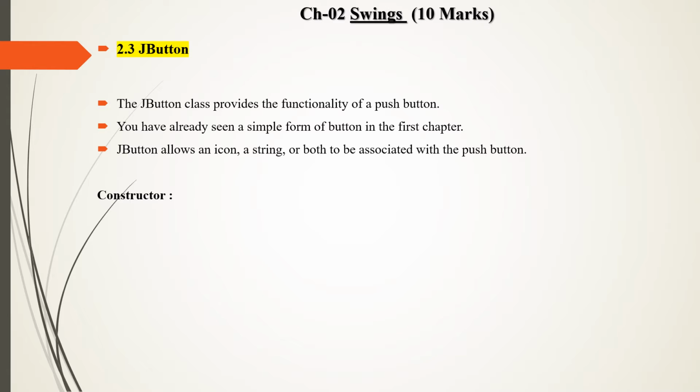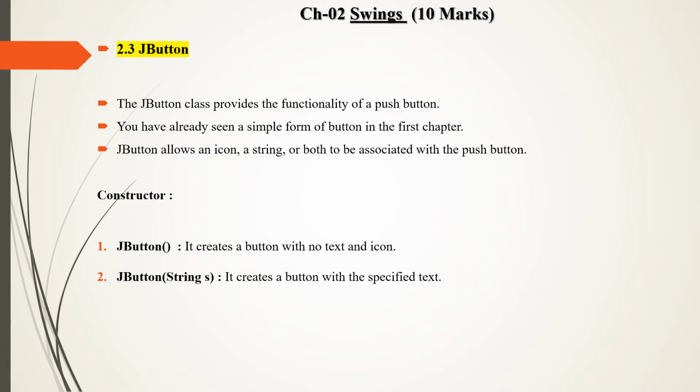Next we see the constructors of the JButton class. The first constructor is the default constructor, which does not have any parameter, and it creates a button with no text and no icon. The second constructor, JButton, has one parameter, String s, which is used to create a button with specific text.